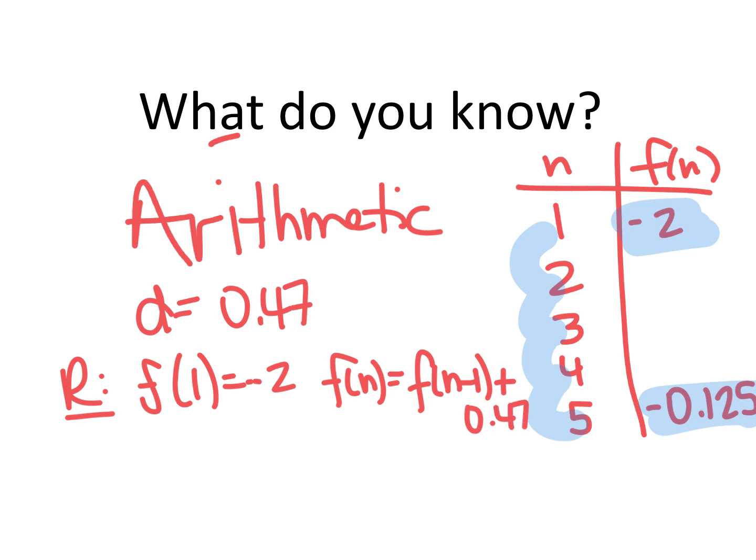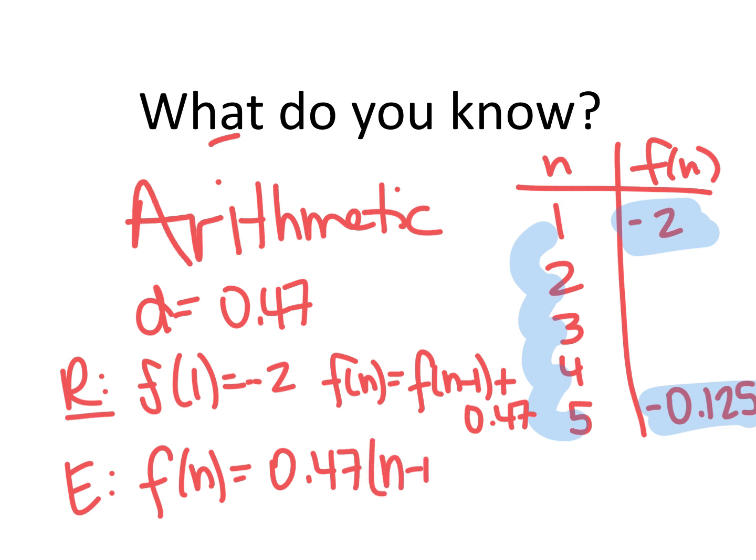Or we can write the explicit. So f of n equals 0.47, and since I have the first term, I'll do parentheses n minus 1, minus 2. Okay, so that's if we treated this arithmetically.